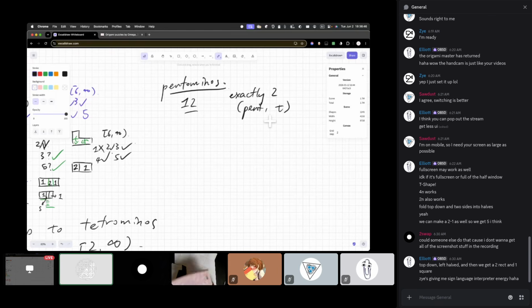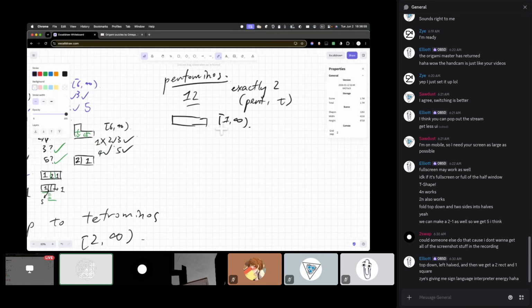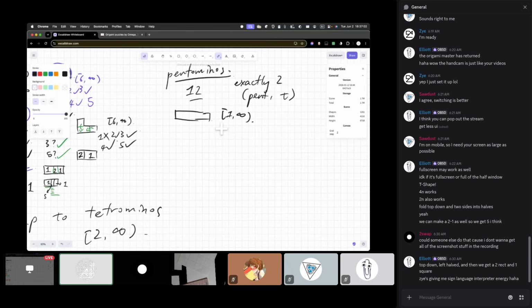I believe that this is where most of the fun lies. Now we're gonna start off with the obvious simplest pentomino, which is the I pentomino, which is 1 and up. Other than that, there is interesting stuff.